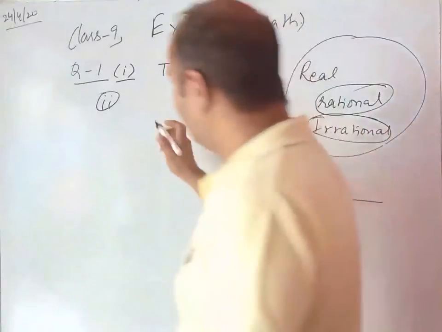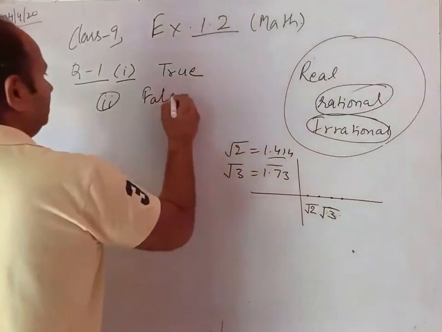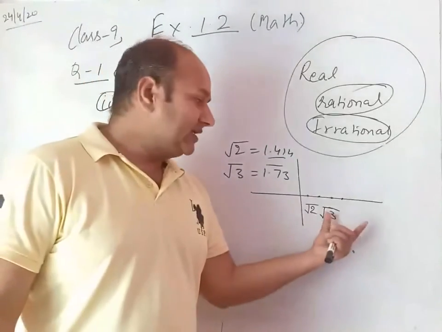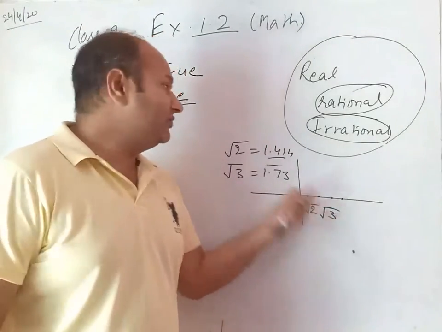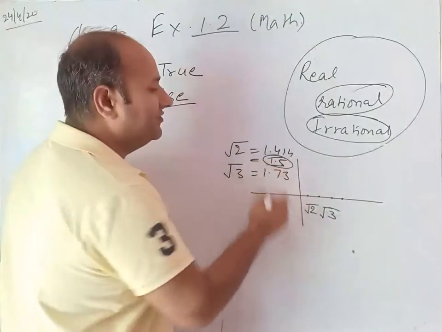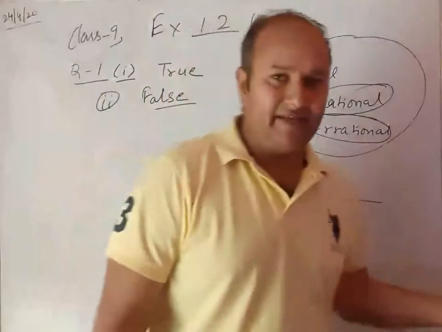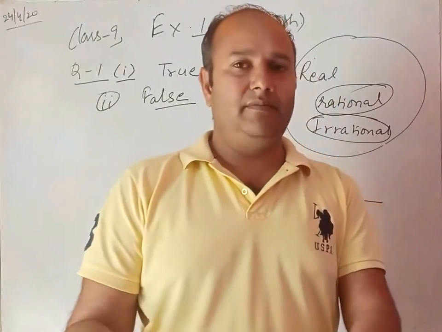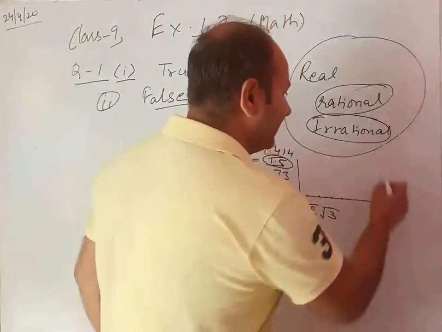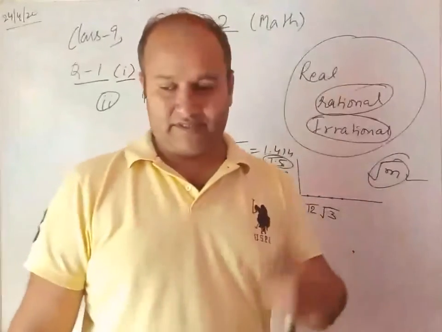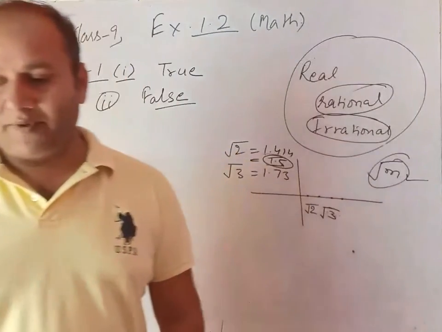So the second point is false. What will you say about 1.5? It is not the root of a natural number. It may be a root of something, but in that case m is not a natural number. This is beyond the scope.